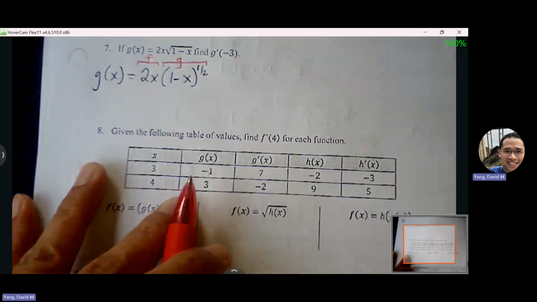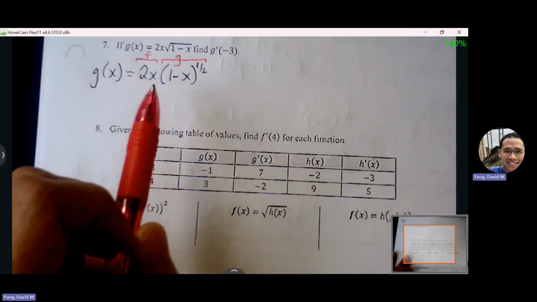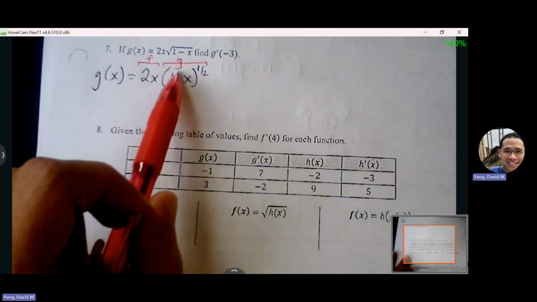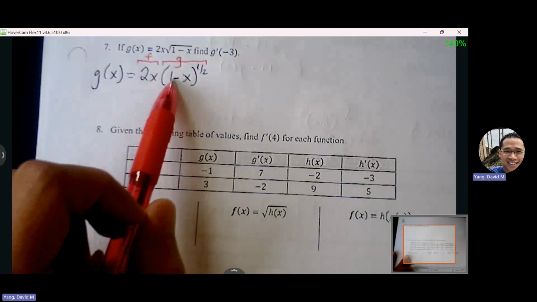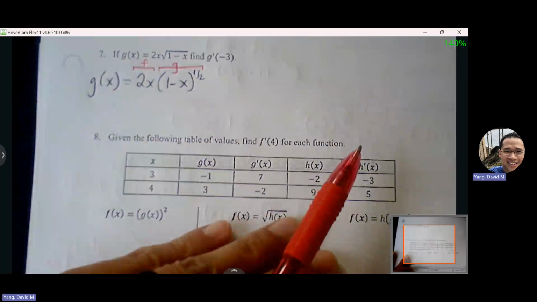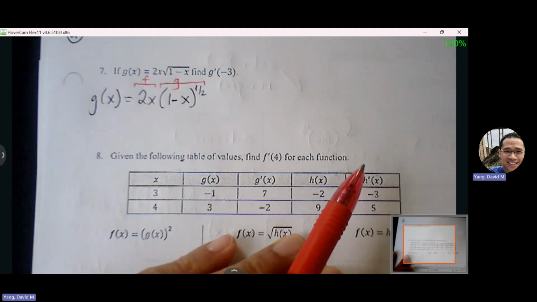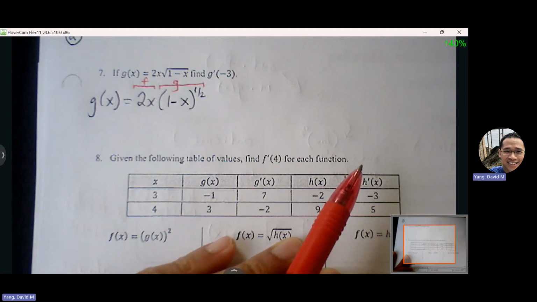And some students would ask, wait, how do I know which one to do first? Am I going to do product rule first, or am I going to do chain rule first? The general rule of thumb is you want to apply the rule that has a larger impact first.